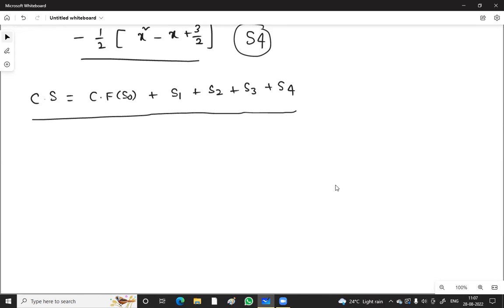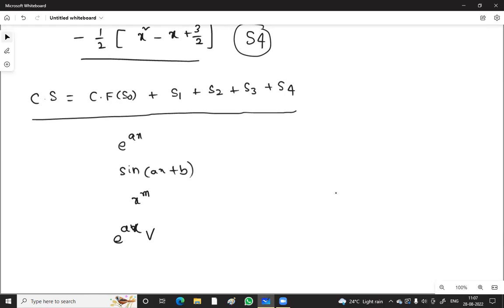You may think, what if the input is not given in the 4 forms we have seen: e power ax, sin ax plus b, x to the power m, and e to the power ax into v. Suppose the input is given in a different form other than these 4.